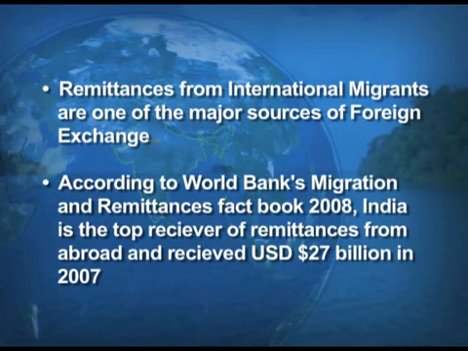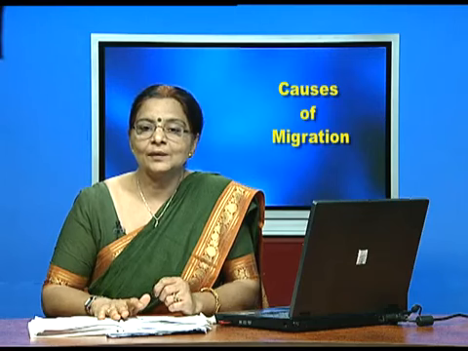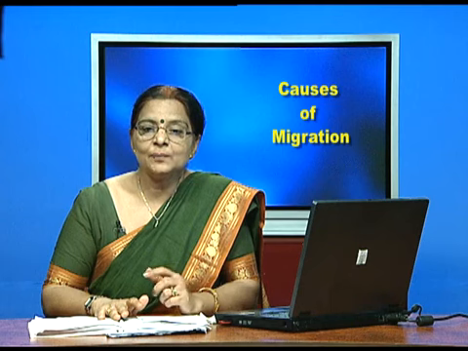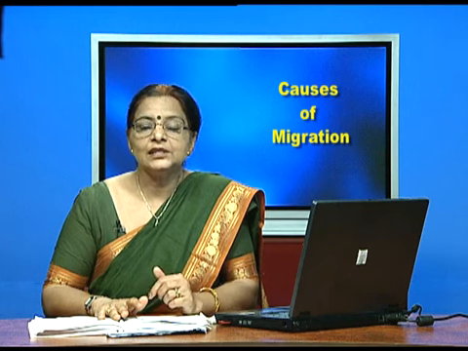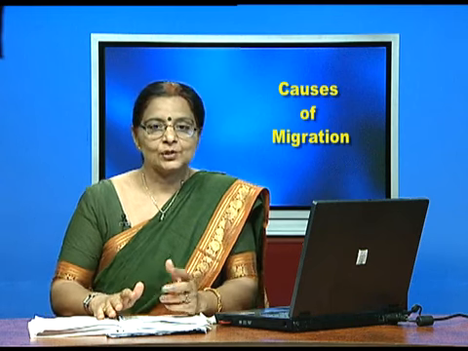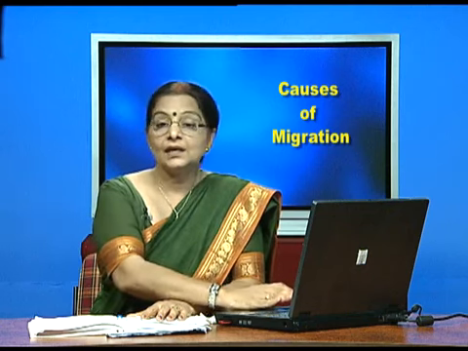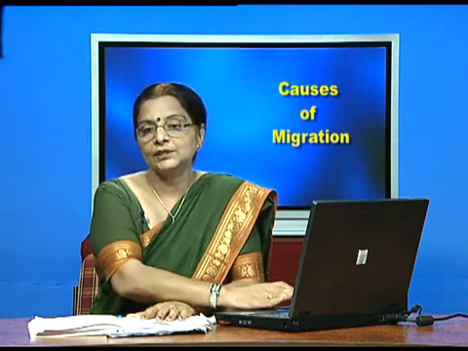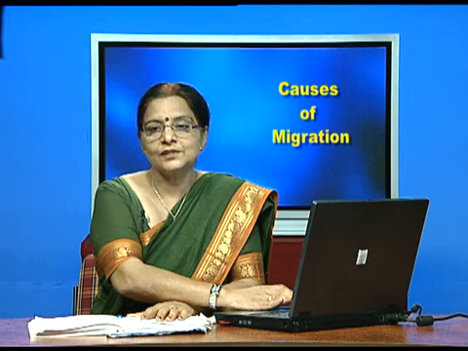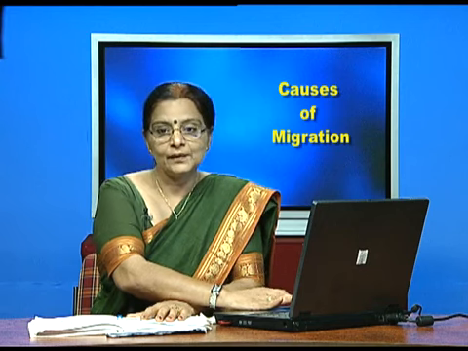That is, India received USD 27 billion in 2007. So, children, you can imagine how many people have made the international migration. So, with the result, India is getting the foreign exchange. So, this is a positive consequence of the migration.